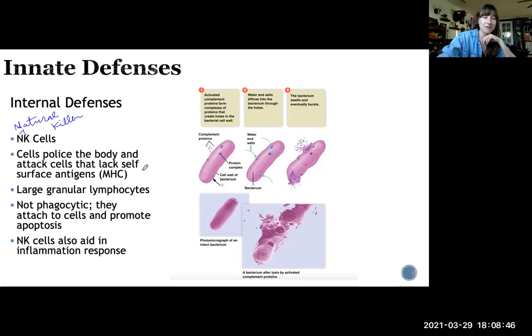If you do not have MHCs, which stands for major histocompatibility complex, like you should as any human body cell of you specifically, these natural killer cells will take care of it. How they do this is not through phagocytosis. They don't eat it like a phagocyte does.